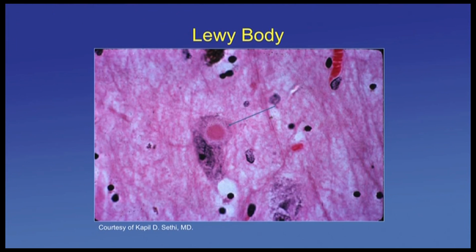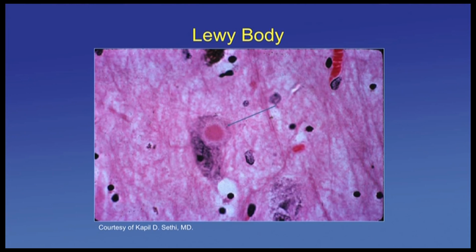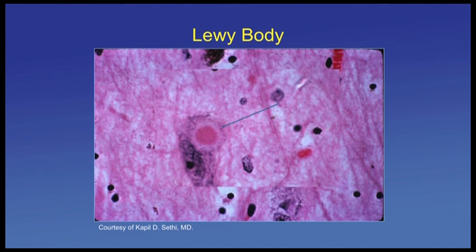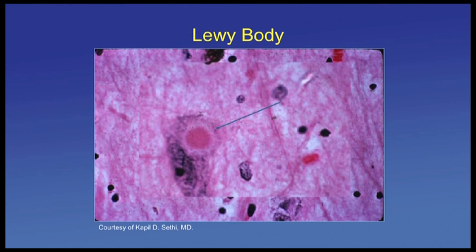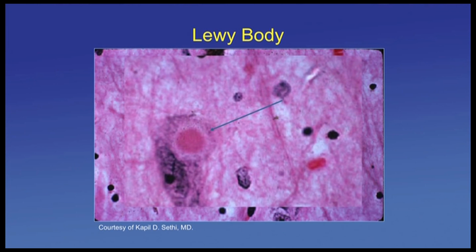Now the pathology. The pathology is what you see in the brain at autopsy or in microsections of the brain. And the hallmark of the pathology for Parkinson's disease is the Lewy body. And it contains alpha-synuclein. It is the protein that is deposited in cells in Parkinson's disease.